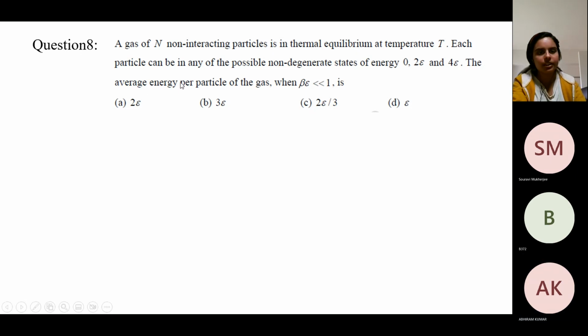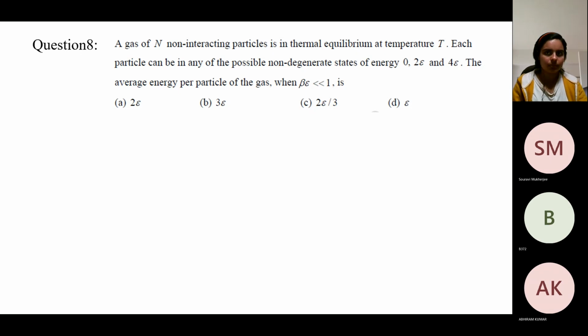Now, what is the average energy? Because now you have to find the average, what do you have to do? You have to multiply the individual probabilities with the energies. When you had to find the mean displacement, you did x p x dx, something like this.